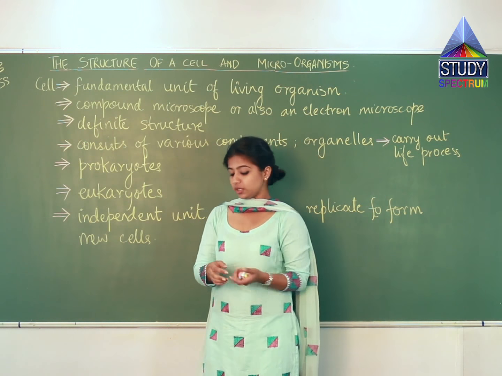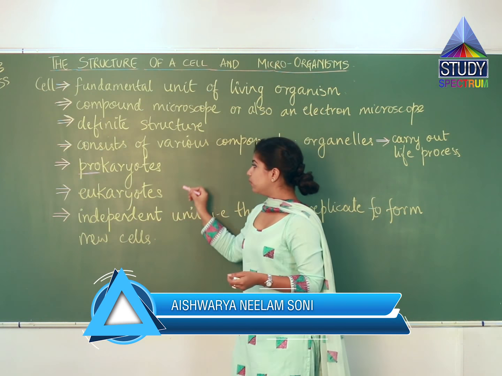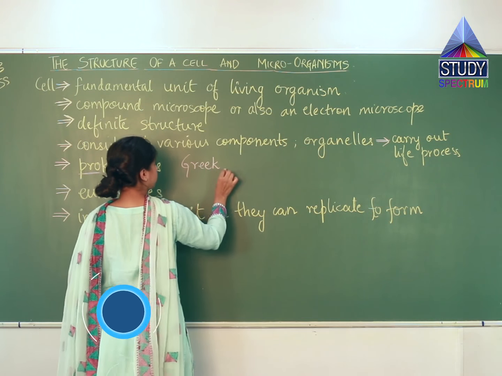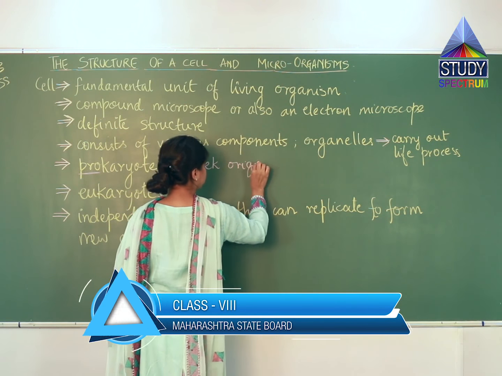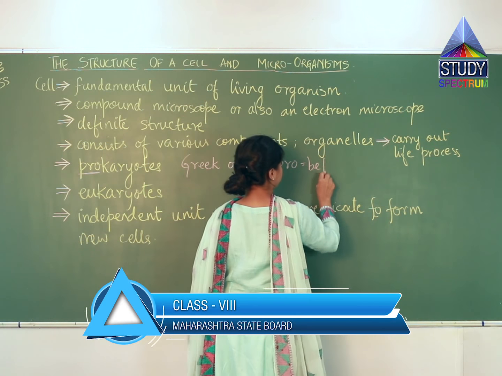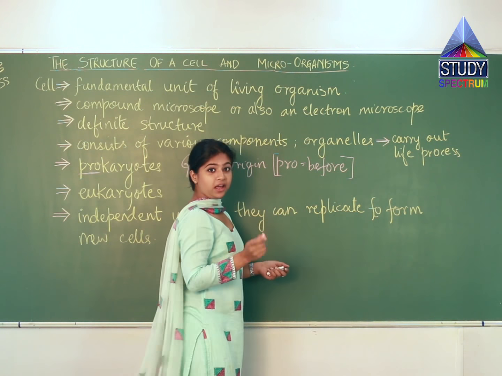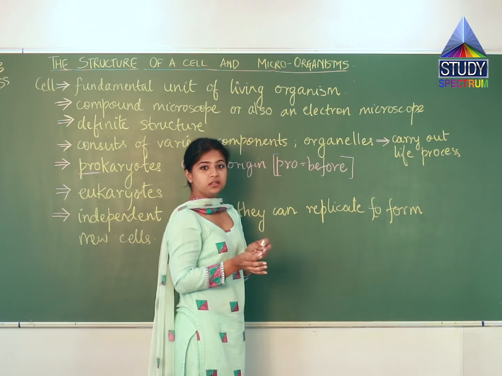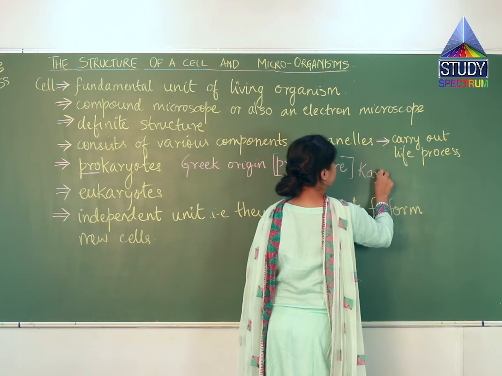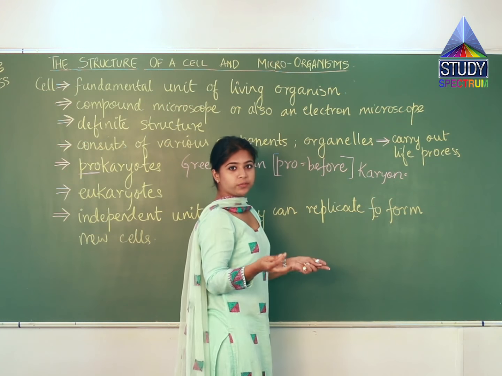In the Greek origin, let me write it down, pro meant before, and karyon was nothing but the kernel. So karyon is actually the nucleus of the cell.